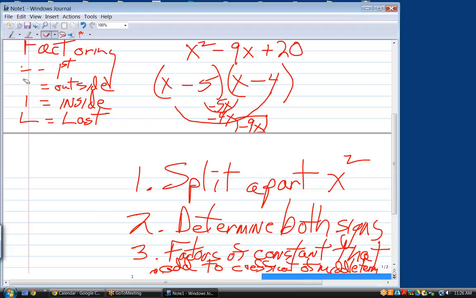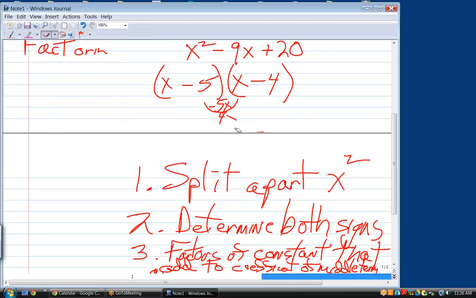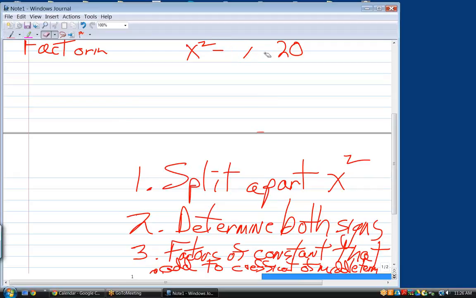So let me erase some of this stuff and let's do some more. First step. Okay.